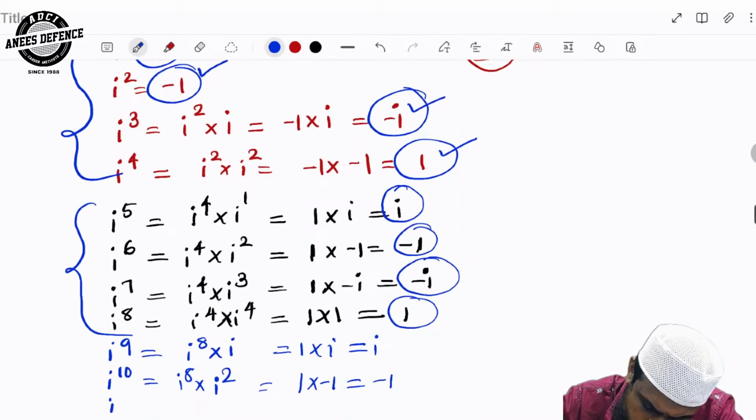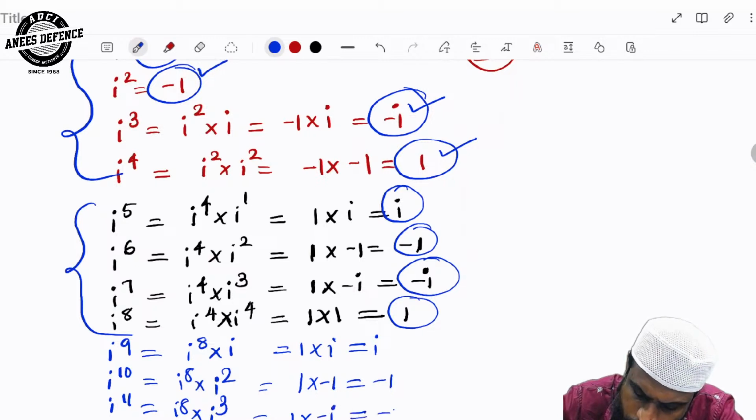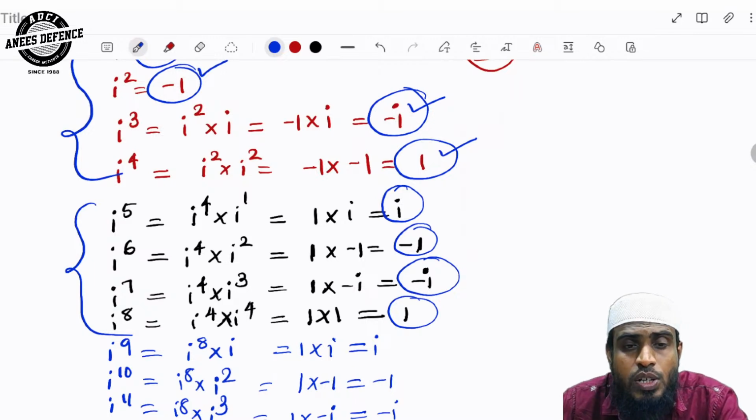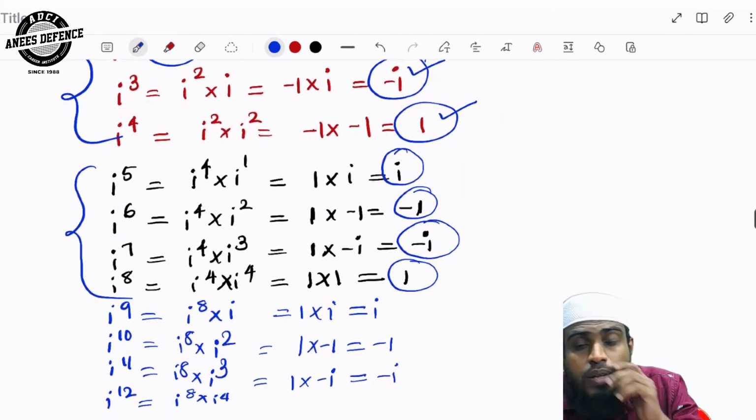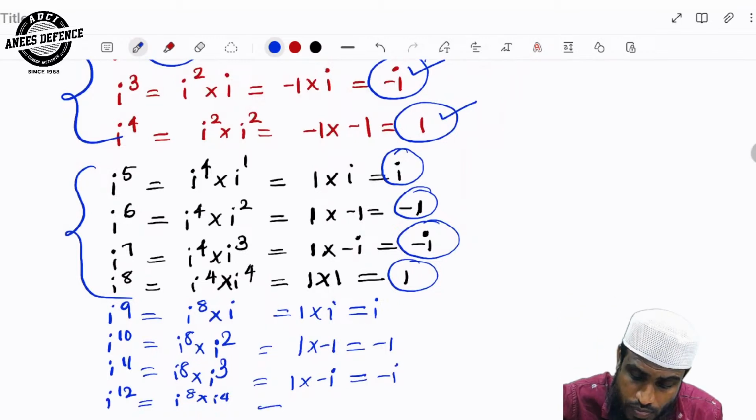Then I raised to 11 is I raised to 8 into I raised to 3, that is 1 into minus I, equal to -I. I raised to 12 equals I raised to 8 into I raised to 4. Or you can simply say that 12 is a multiple of 4, so the answer will be 1.